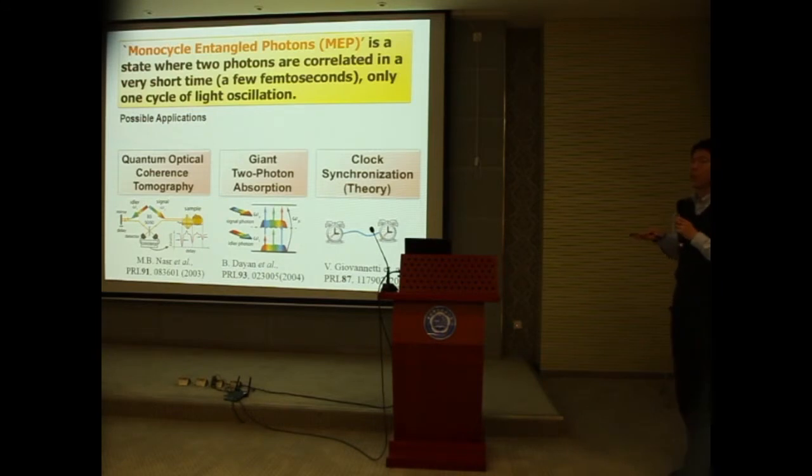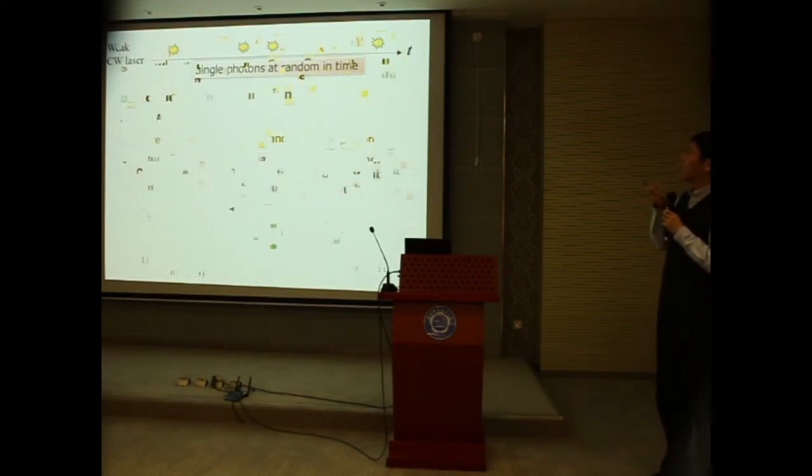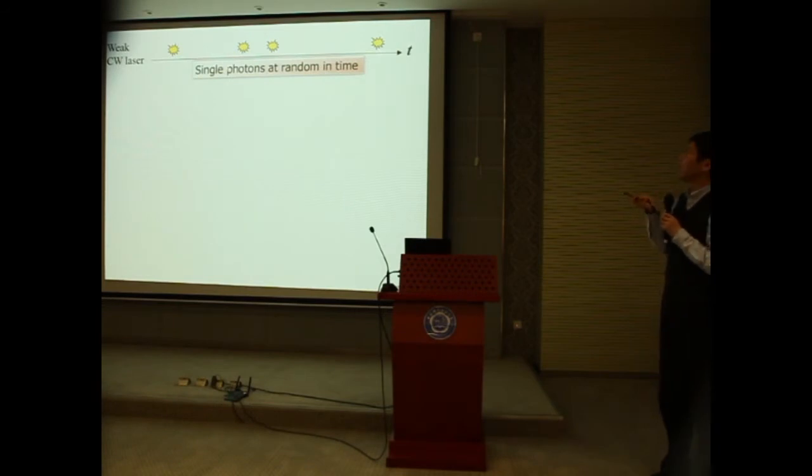Theory is given in this paper. And then I would like to explain the difference between monocycle entangled photons and other somewhat similar states. This is the single photon state, this is a weak coherent light field. In this case, single photons appear at random in time.